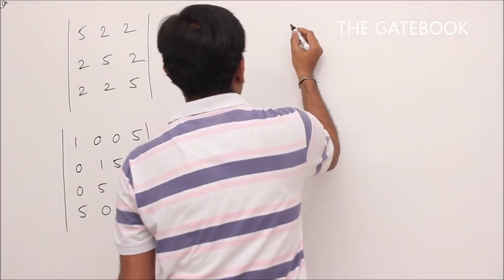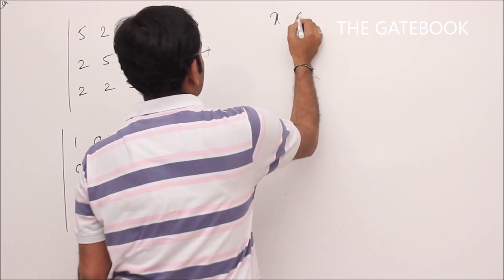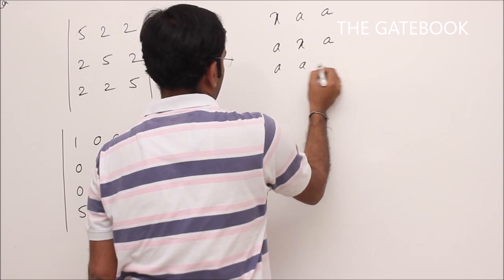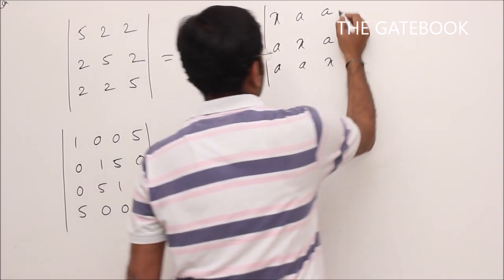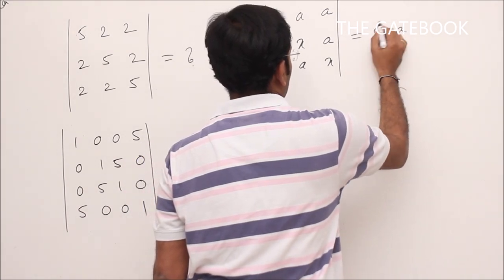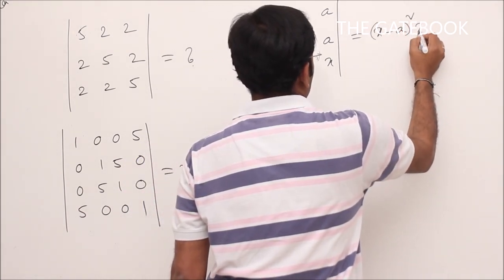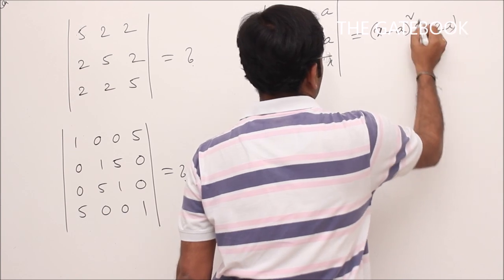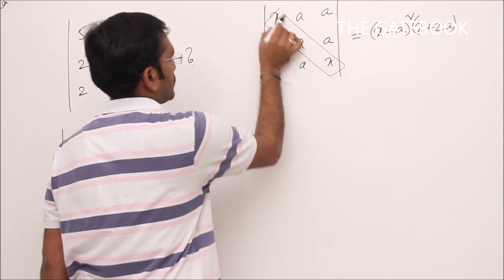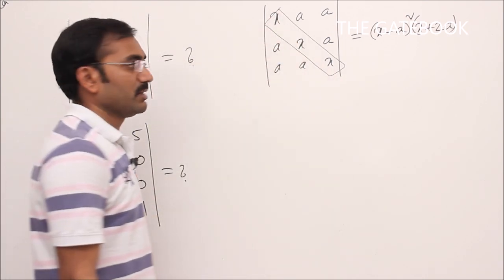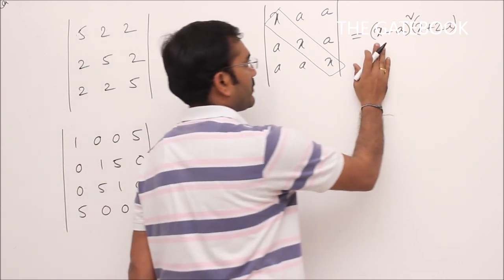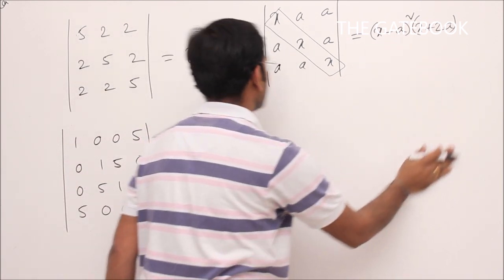Whenever elements of the given matrix are like this, x, a, a, a, x, a, a, a, x, then the value of the determinant of that matrix will be (x minus a) whole square into (x plus 2a). So here the principal diagonal elements are all the same element x and the other elements are all the same element a. In that case we can apply the shortcut formula (x minus a) whole square into (x plus 2a).